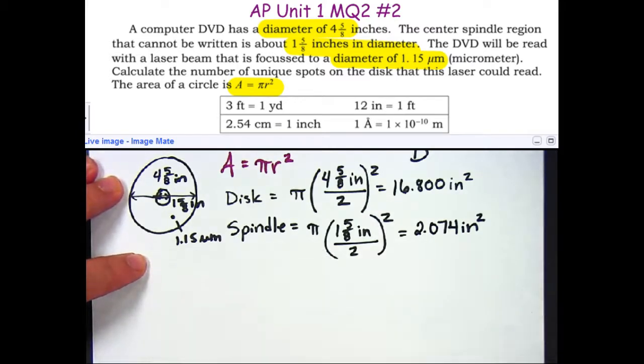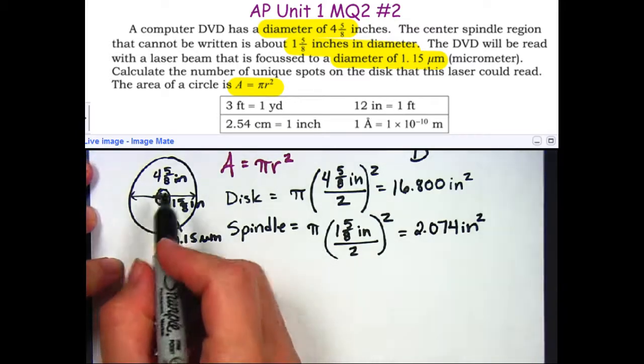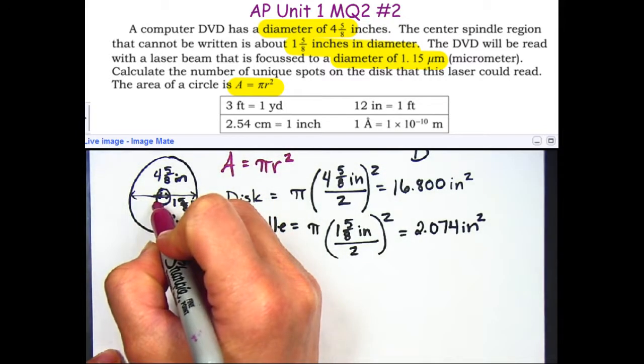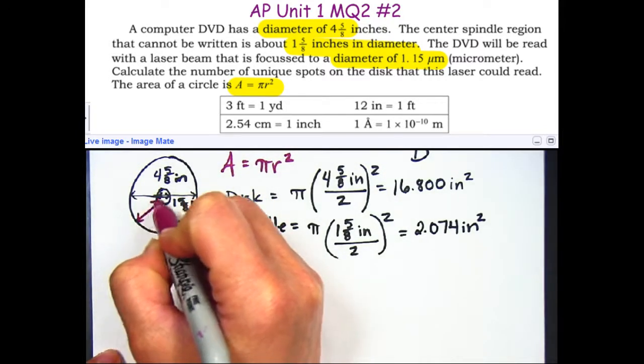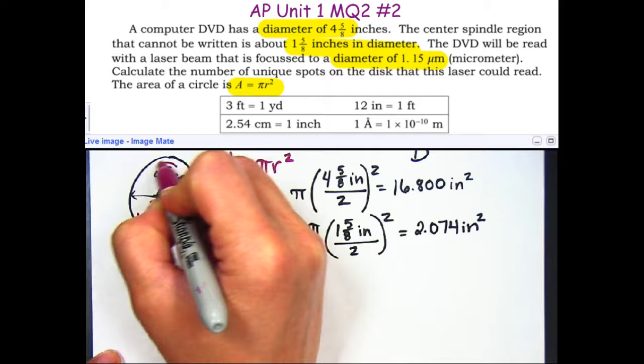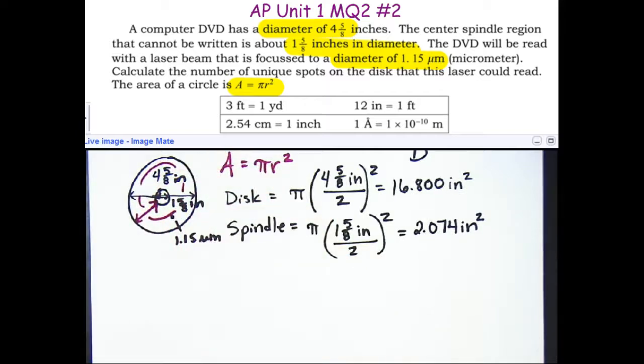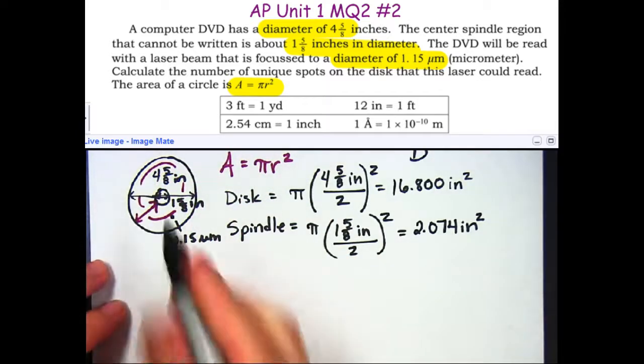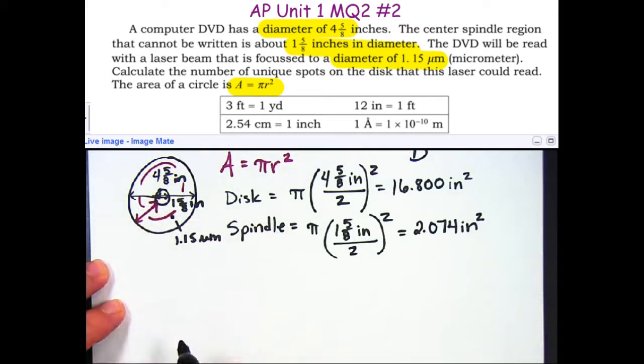Now, I need just the space of the disc that the laser will read. So that is just from here to here, all the way around the disc. So I need to subtract out this spindle because it's not going to be a section where the laser is going to read.